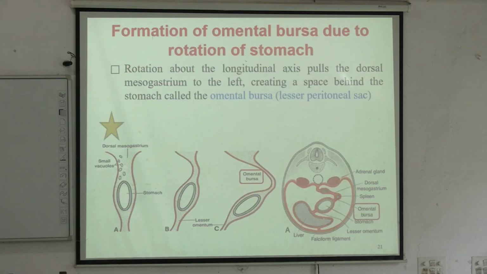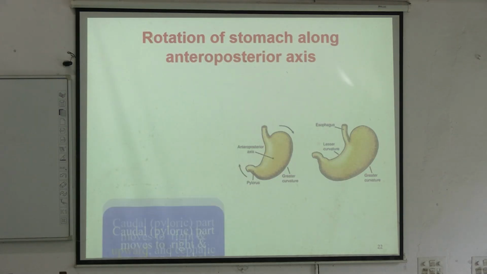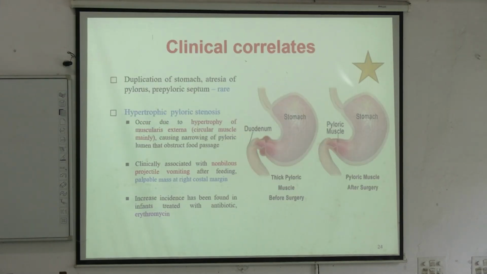Coming to the next clinical problem related to the GI system, we call it hypertrophic pyloric stenosis. That means the pyloric region of the stomach has heavy, hypertrophic musculature, resulting in narrowing of the lumen.